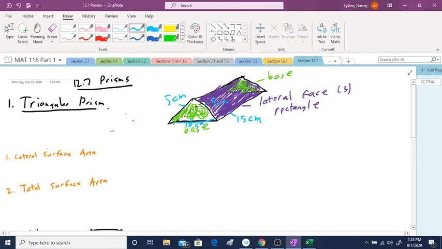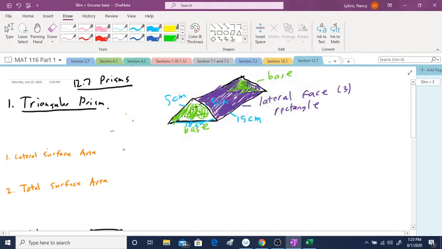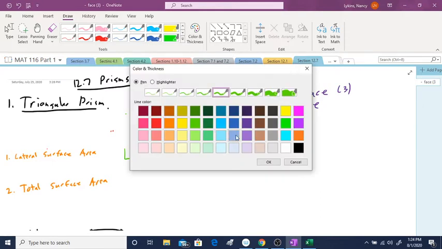Okay, so to find the lateral surface area, we're just finding the area of each of these rectangles. So I'm going to abbreviate this as LA for lateral area. If I look at the purple, the dark shaded one, it's a 15 by 5. My back one is also 15 by 5 because they've both got this. Let me put a different color here.